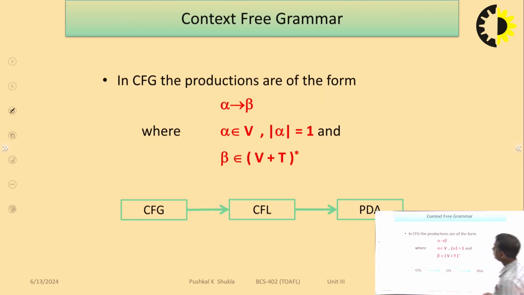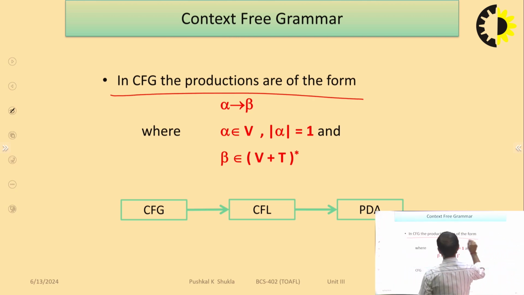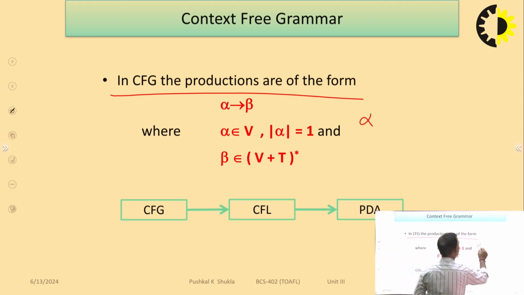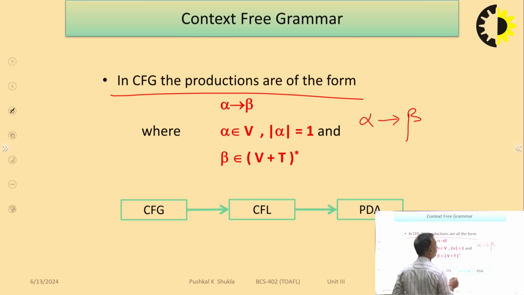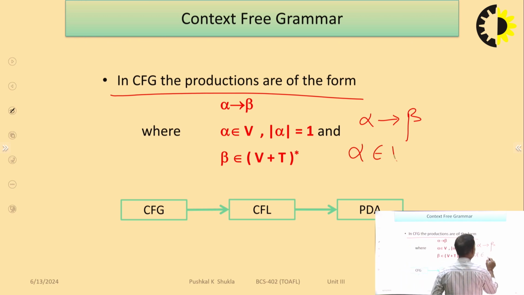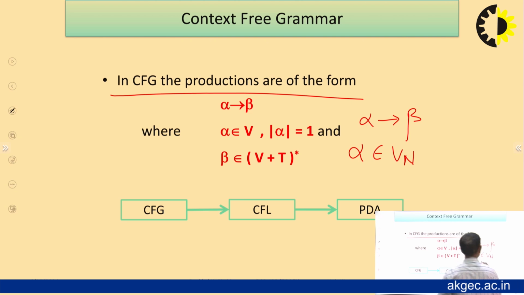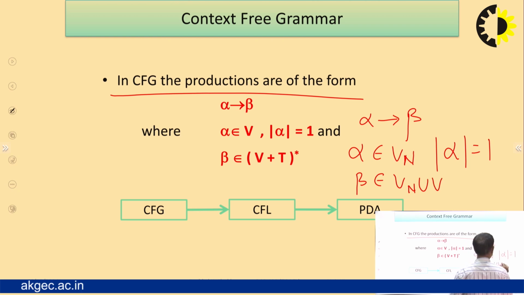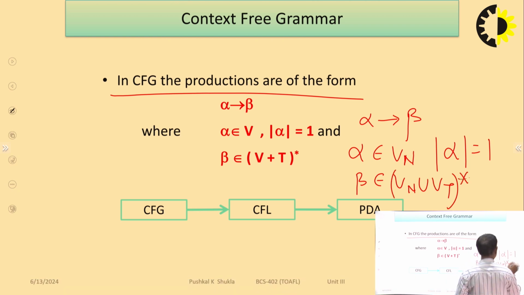Now context free grammar. A grammar is said to be context free grammar if every production is of the form alpha to beta, such that alpha is an element of Vn, the set of non-terminals, and mod alpha equal to 1, and beta is an element of (Vn union Vt) star.